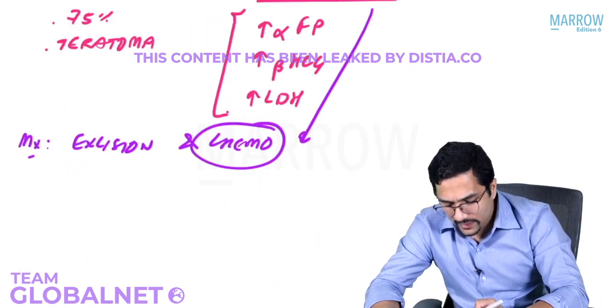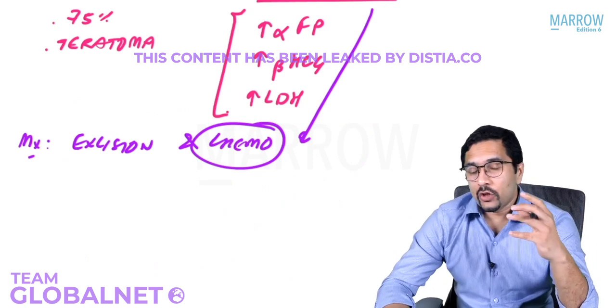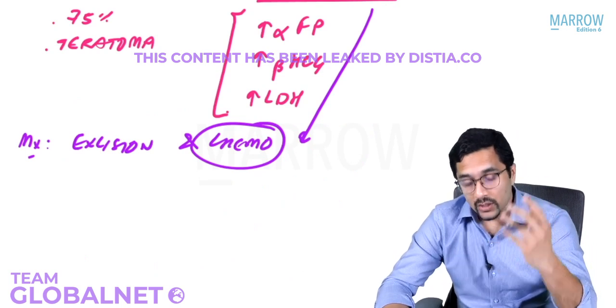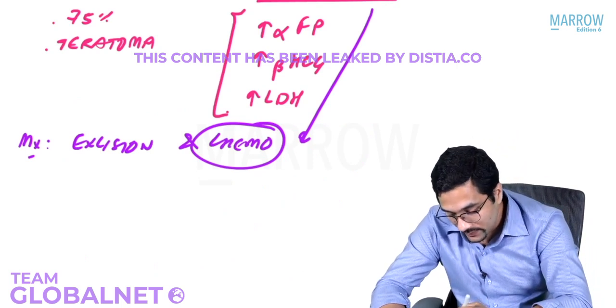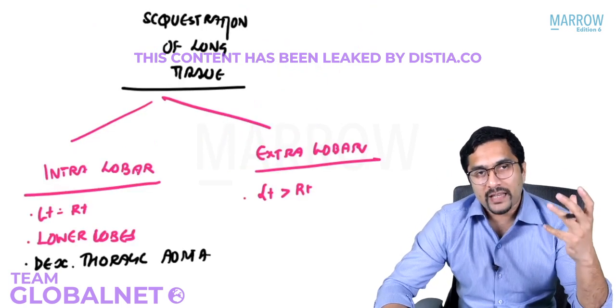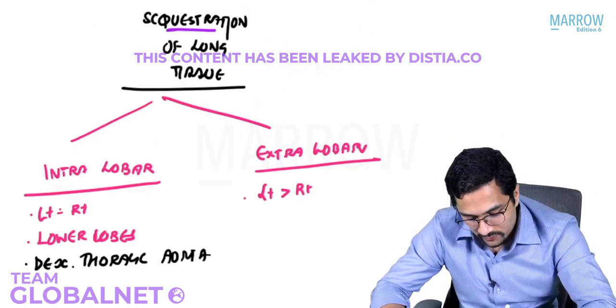So this was regarding mediastinal tumors, and I told you in the last 3 years, lots of MCQs have been asked regarding this. One more minor topic before we end this module, that is sequestration of lung tissue.